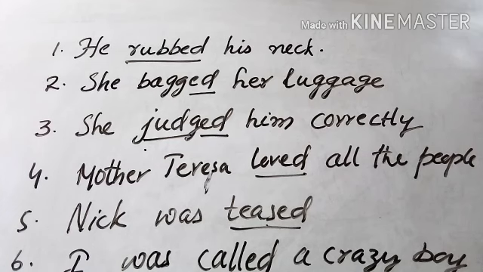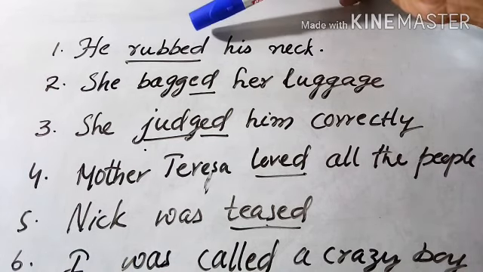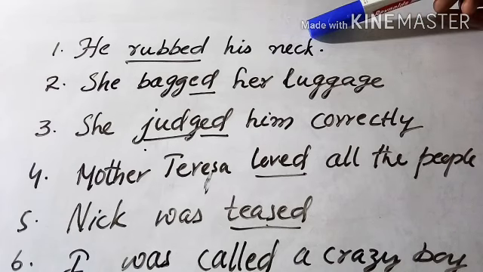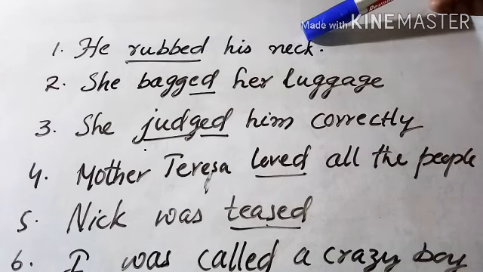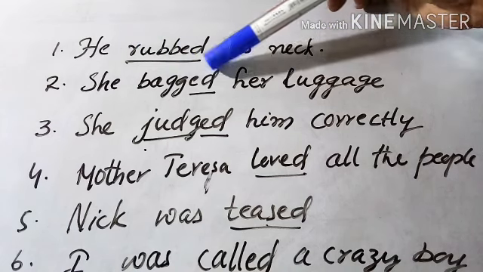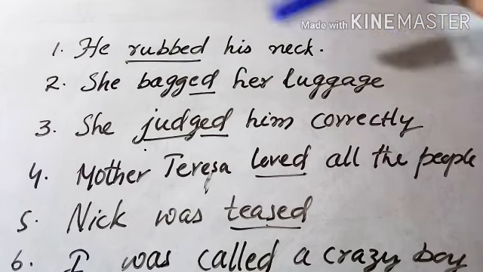Here are some examples which make this concept very clear in connected speech. He rubbed his neck. She bagged her luggage.